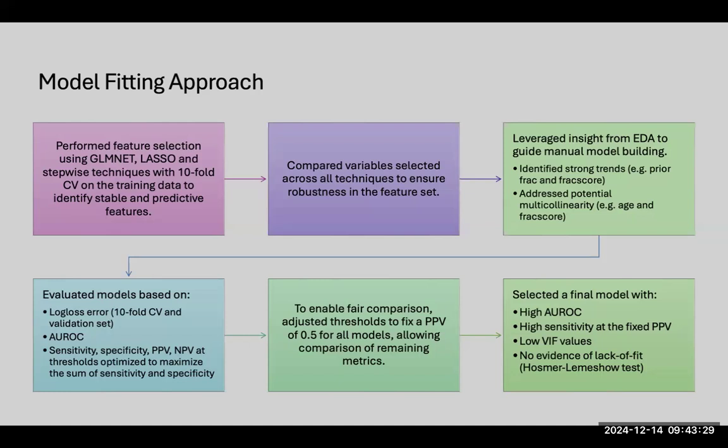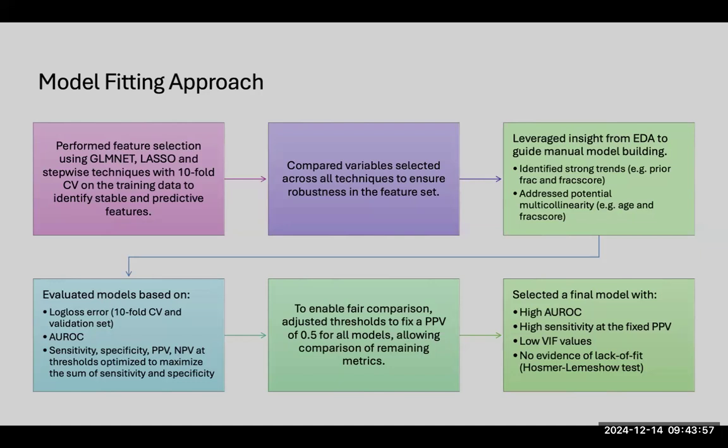So I looked for strong trends, which I saw in, for example, prior FRAC and FRAC score, and I addressed potential multicollinearity, as you saw in age and FRAC score. I evaluated models based on the log loss error and the area under the ROC curve, and also sensitivity, specificity, PPV, and NPV.